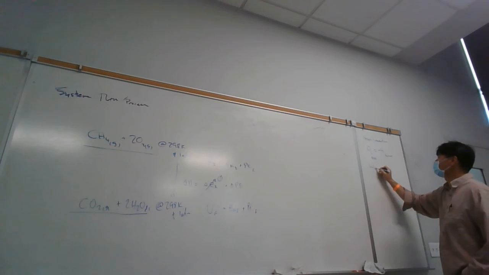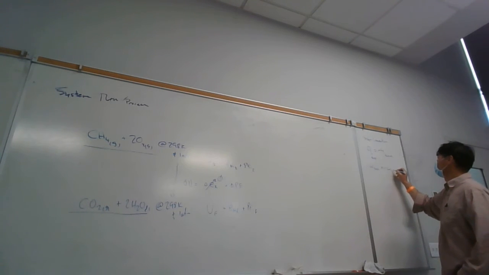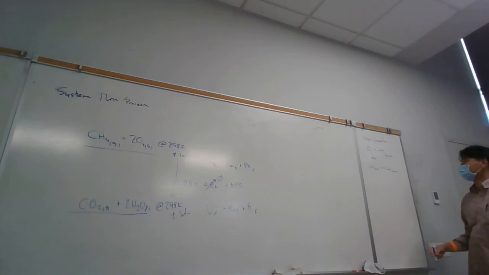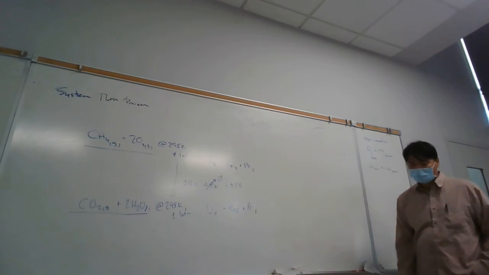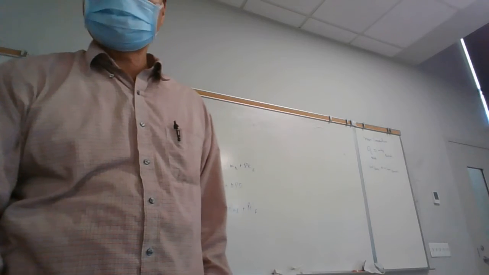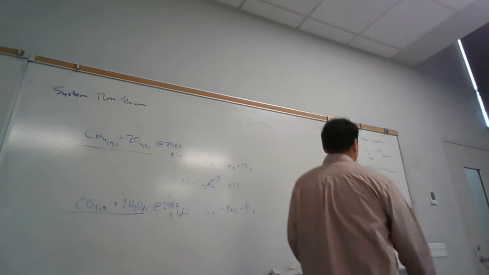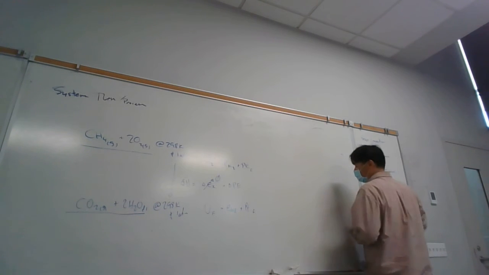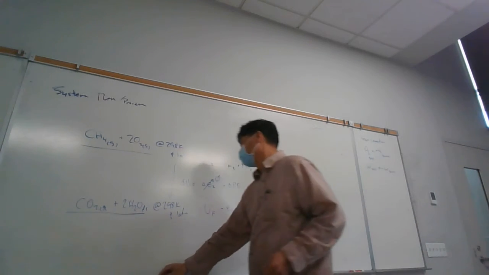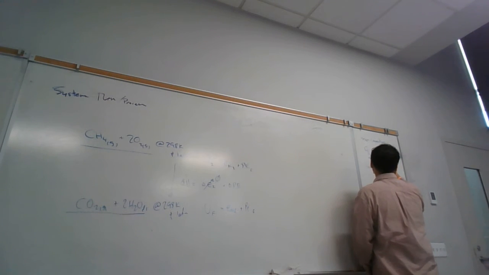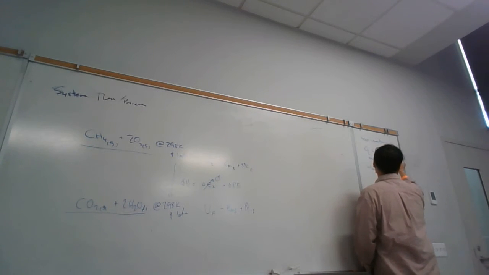And then work of the system is equal to minus work of the surroundings. This is to keep the opposite sign. So it doesn't mean one is exothermic and the other is endothermic. It just means switch the signs. Opposite of system.